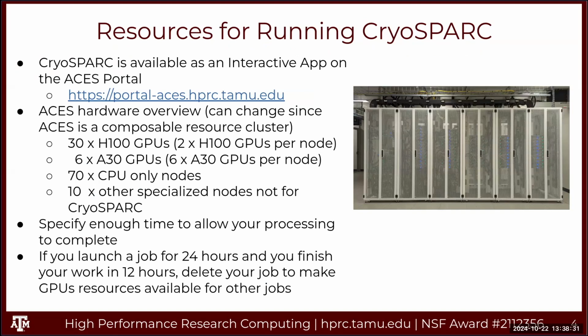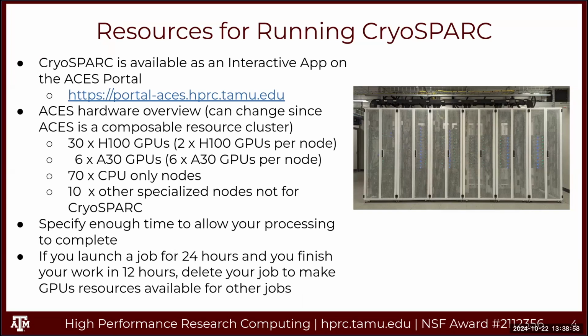So we have a CryoSPARC interactive app on ACES, and we have an Open OnDemand portal where you can access the user interface. This is an image of our ACES computer. We've got a number of GPUs and some other specialized nodes; these other specialized nodes are not supported by CryoSPARC, but we'll be able to use the H100s or the A30 GPUs.